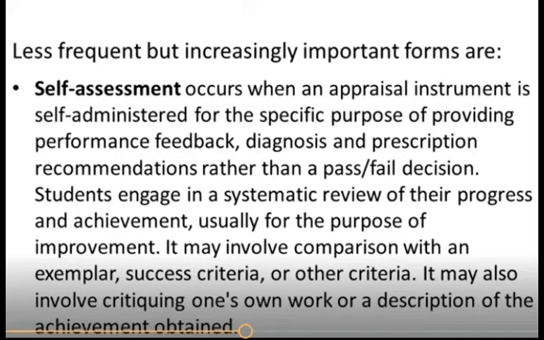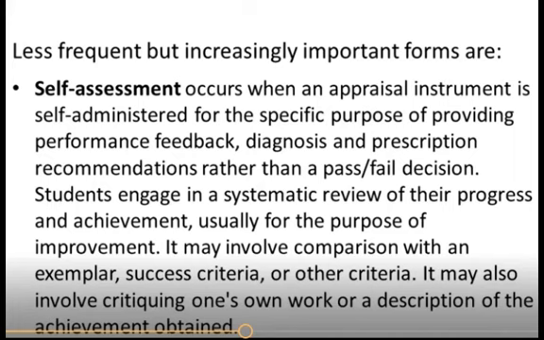See, another form of assessment is self-assessment. See, we all are supposed to do self-assessment. Students have to do self-assessment. Soya Parishodhana.